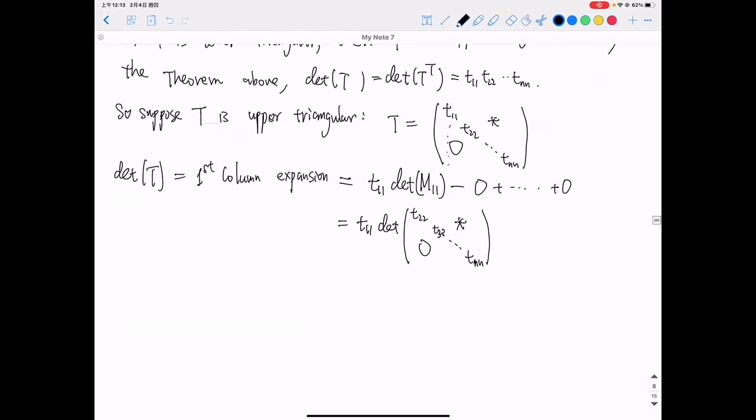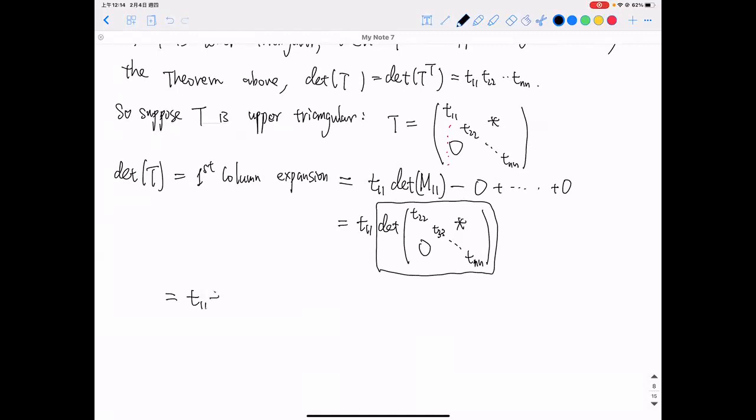And you now see what you want to do. You can again try to compute this determinant using the first column expansion.